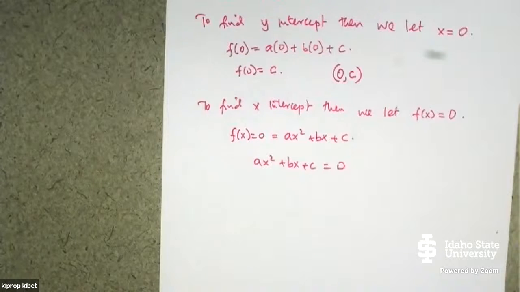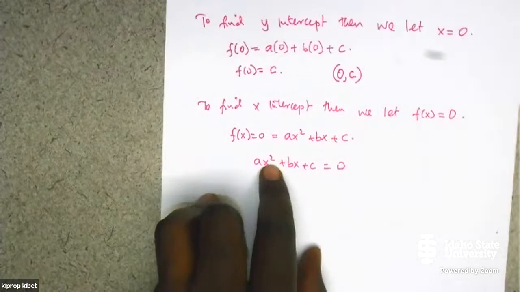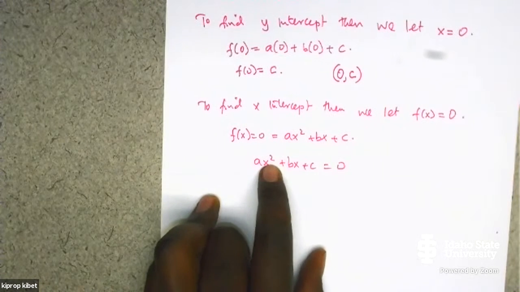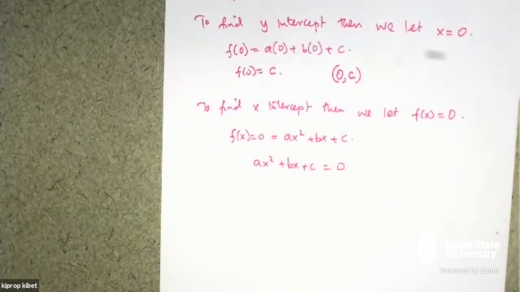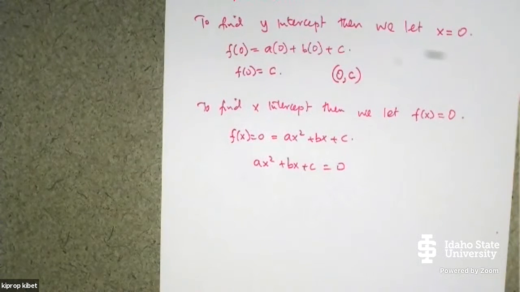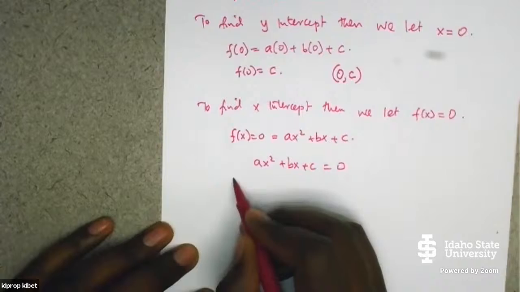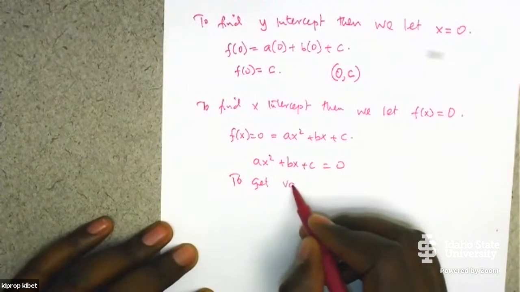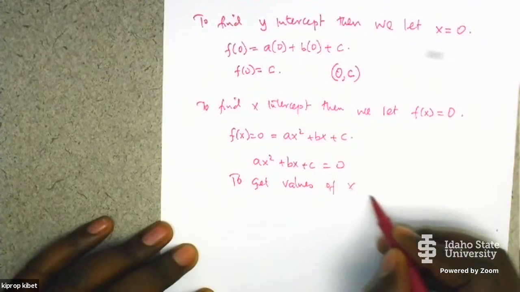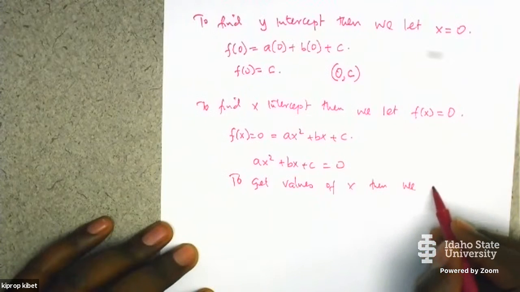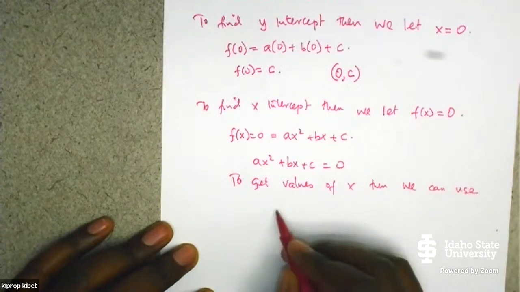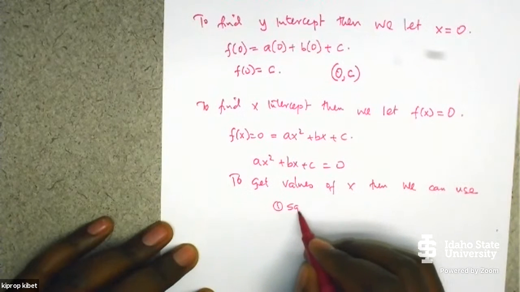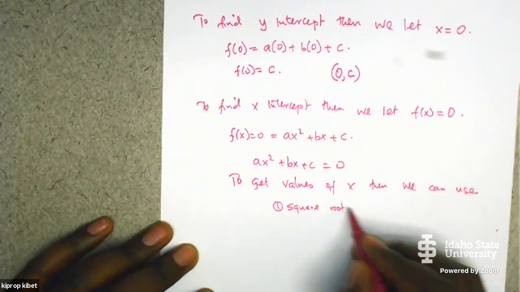Then to get the values of x, how many x's are here? There are 2 of them, right? So to get the values of x, we can use the methods that we have learned. Either use completing the square, or use the square root property.